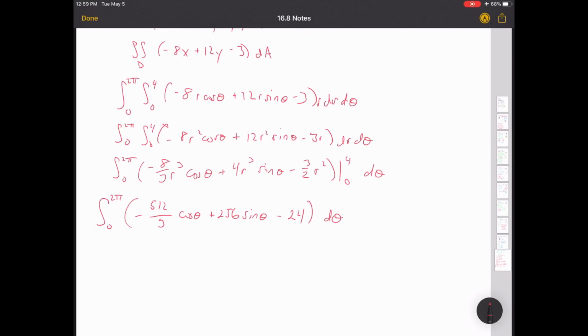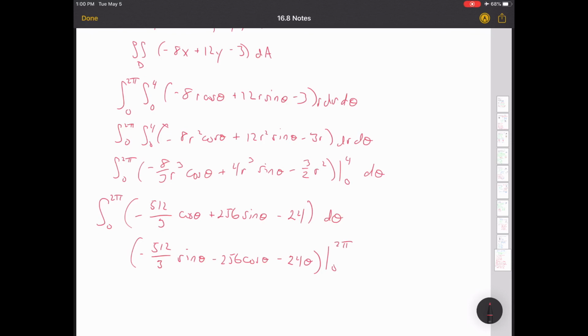All right, so let's take the antiderivative. So if we take the antiderivative of the first one, we're going to get, let's see, antiderivative of cosine is going to be sine, so it's negative 512 thirds sine theta. Antiderivative of sine is going to be negative cosine, so minus 256 cosine theta, and then minus 24 theta.